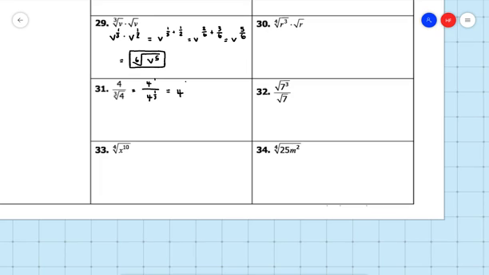So this is 4 to the 1st power minus 1/3, which is 4 to the 3/3 minus 1/3, which would equal 4 to the 2/3 power, which is the cube root of 4 squared, which is 16, which is 2 to the 4th power. So this is 2 cube root of 2.